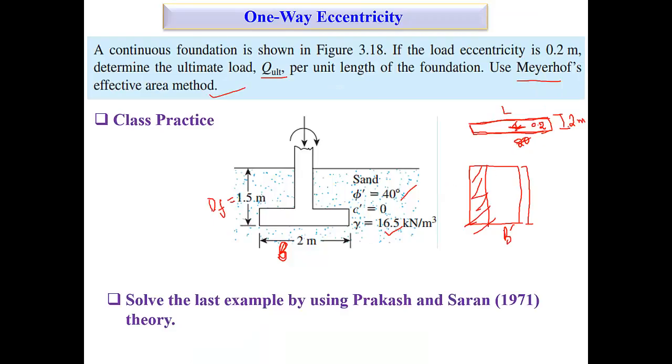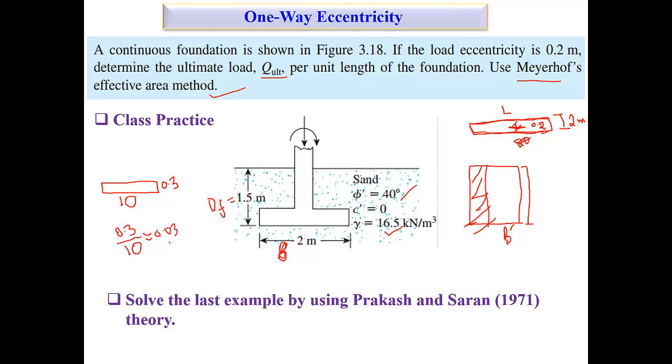Yeah, I already explained here. Suppose you consider this a foundation, and for continuous foundations, what does it mean? Suppose you have the distance 0.3, and this distance is, suppose, 10, just for an example. So 0.3 divided by 10, what is the value? It's almost 0, right? 0.03, right?